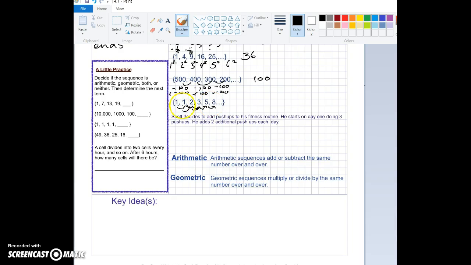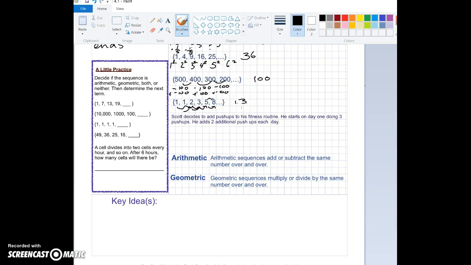So term 1 and term 2 get added together to make term 3. Term 2 and 3 get added together to make term 4. 3 and 4 make term 5. 4 and 5 make term 6. So how would I get term 7? Well, I have to add 5 and 8. 5 and 8 make 13.